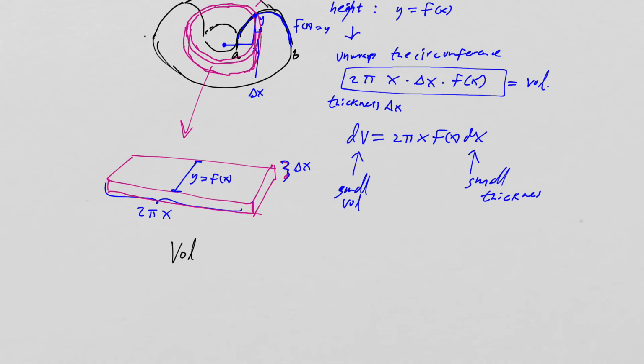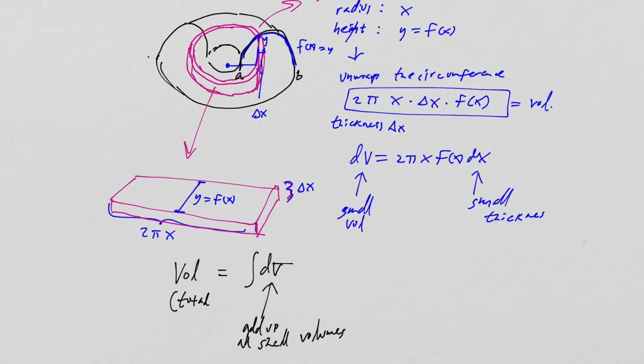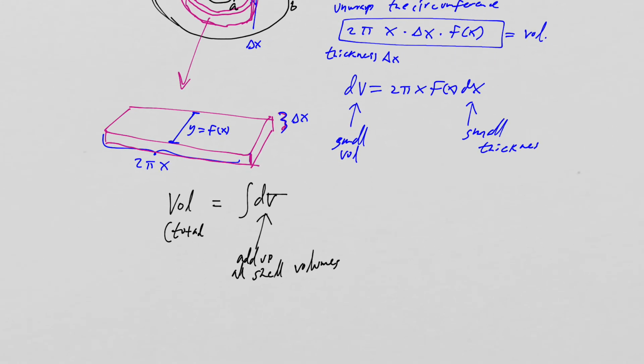The total volume is going to be adding up all the shell volumes, and the idea here is that this shape can be constructed out of a series of shell volumes that are nested inside each other.